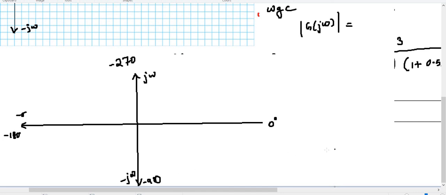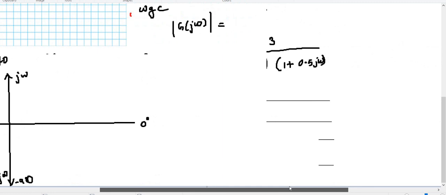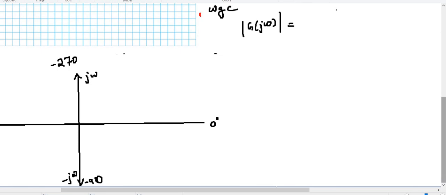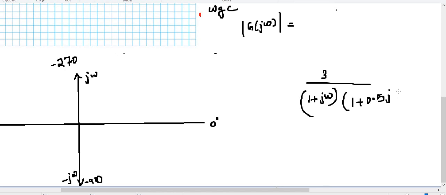Now, what is our equation? The open loop transfer function of the given system is 3 divided by (1 plus j omega) into (1 plus 0.5 j omega), or we can write it in s terms, that is G of s.